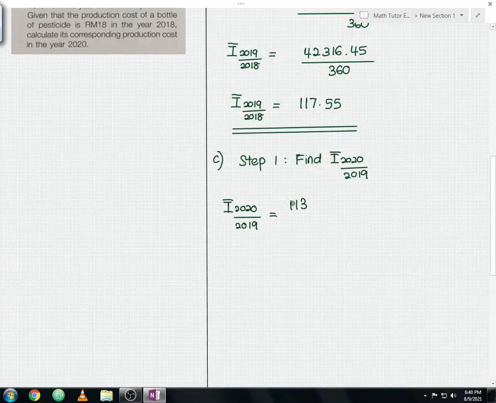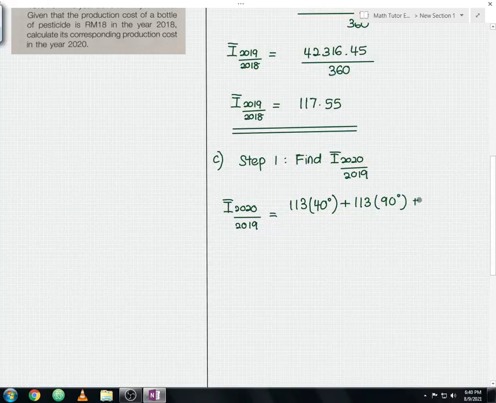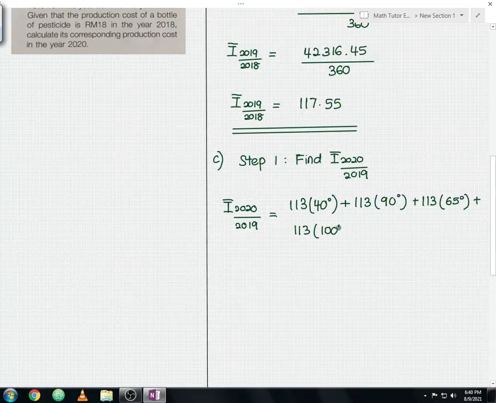So from here 113 times 40 degree, and then plus 113 times 90 degree, and then plus 113 times 65 degree, plus 113 times 100 degree, plus 113 times 65 degree.